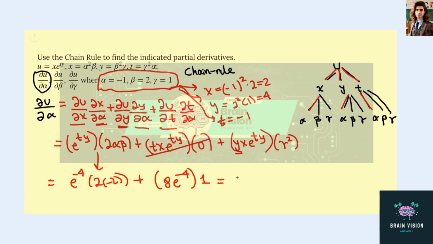And so putting these together, we have -4 e to the -4 plus 8 e to the -4. Simplifying gives us 4 e to the -4. So all this work gives us the first partial derivative with respect to alpha.